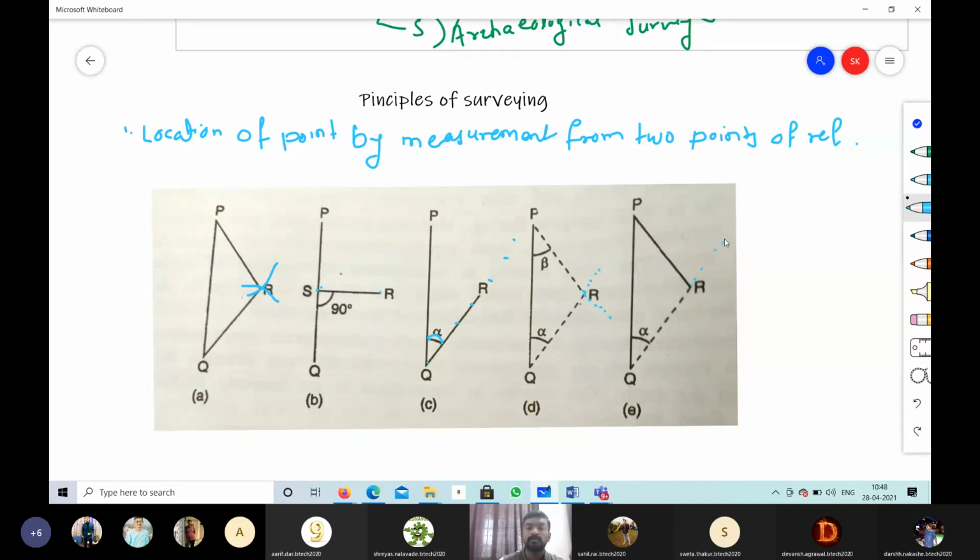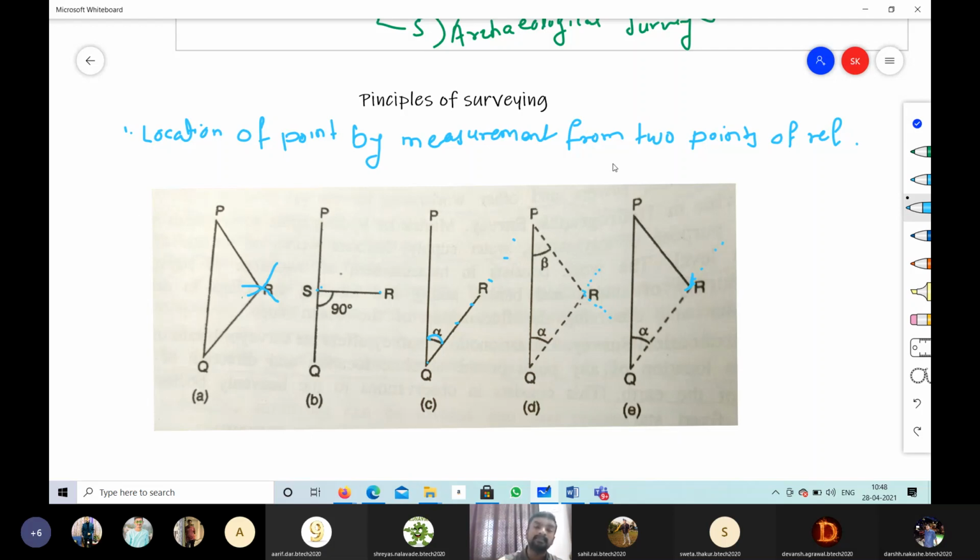Then we will take the distance PR and mark it, and where it crosses, it will cross at a single point only, and that point is R. In this way we can find R with one linear and one angular measurement, but the linear is at the P side and the angular is at the Q side. In case C, the linear is at the Q side and the angular is also at the Q side only. That is the difference between C and E.